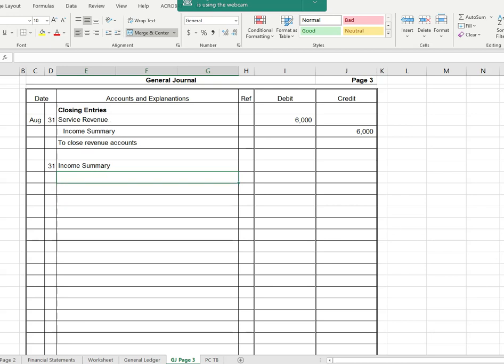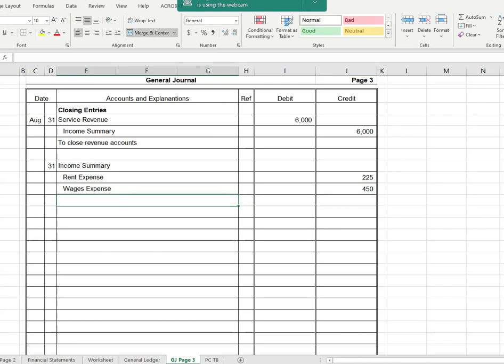My first expense is rent expense, and I'm going to credit that for $225. My next one is wages expense, and that is for $450.